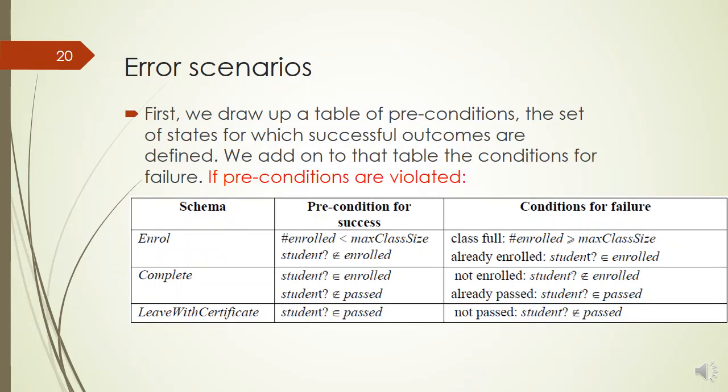Students, the discussed example of the class management system contains three operations, which include an enroll operation, a completing the course operation, and a leaving the class or leaving the course operation.